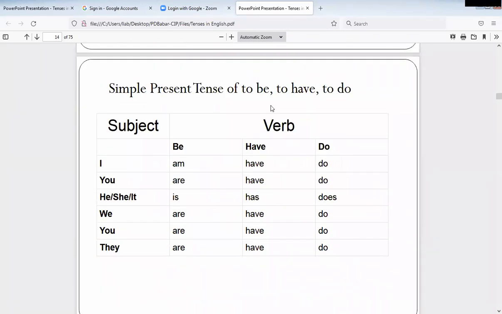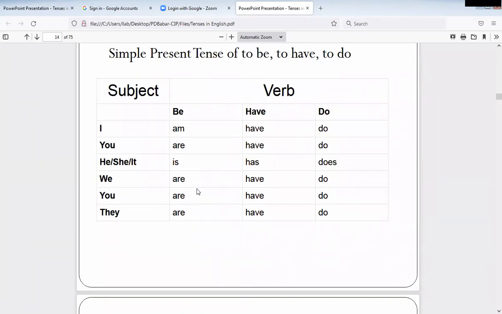Then simple present tense of to be, to have, and to do. So let's see the simple present tenses of to be form, to have form, and to do form.